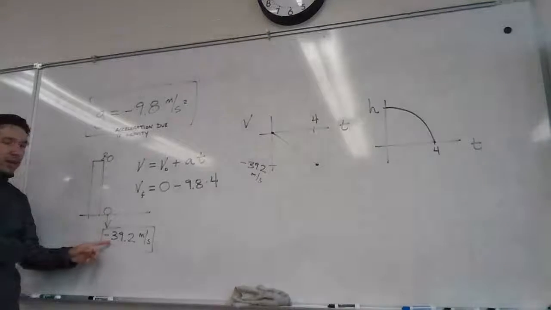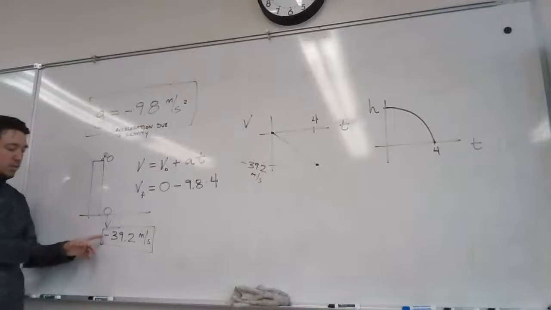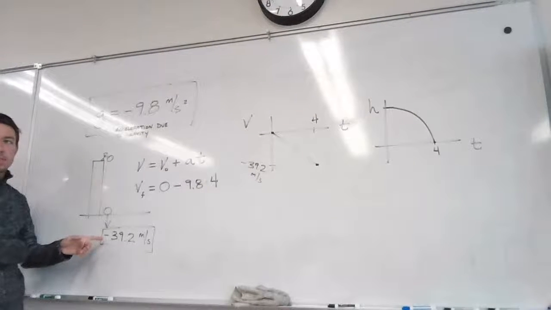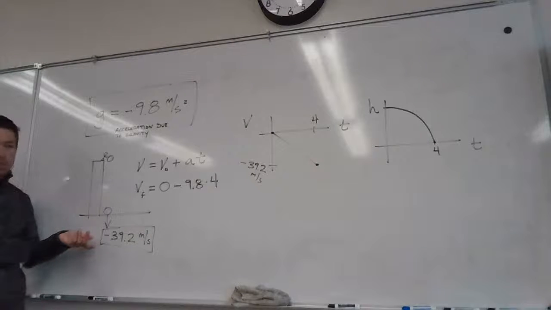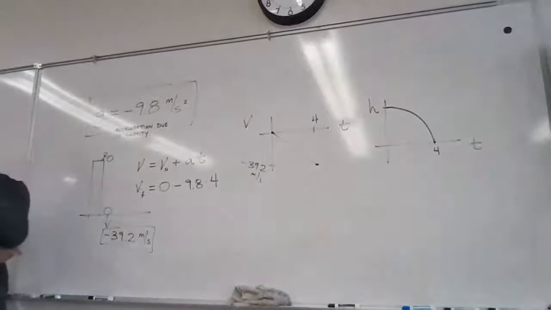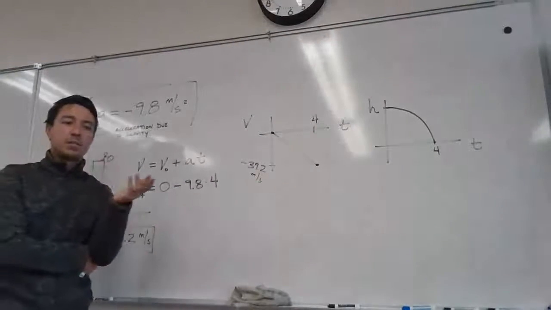So call this 40, just for estimate purposes. It went from 0 to 40. So what was the average speed? 20. And how long did it travel for? It's about 80 meters. So the building was about 80 meters.